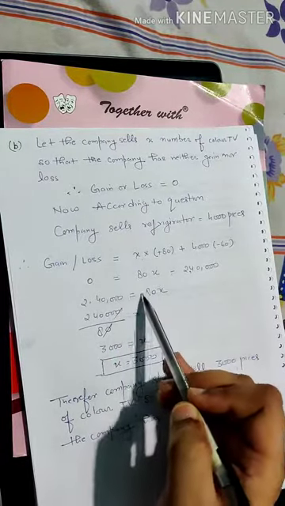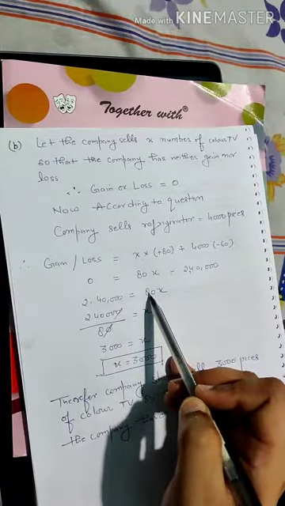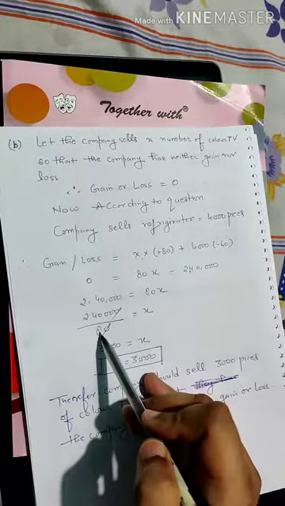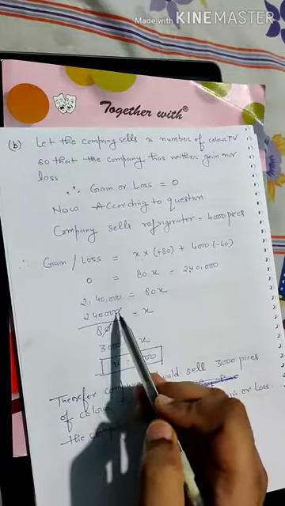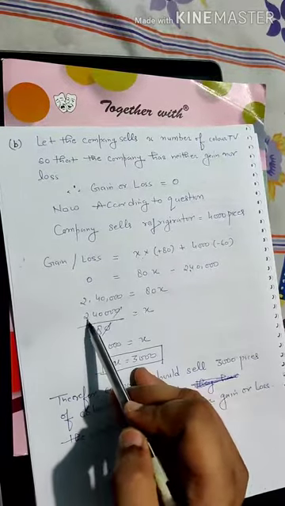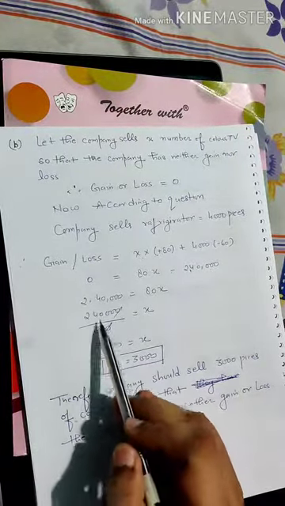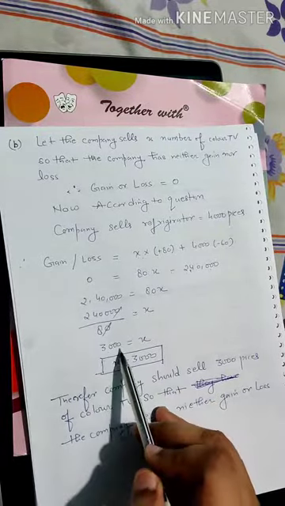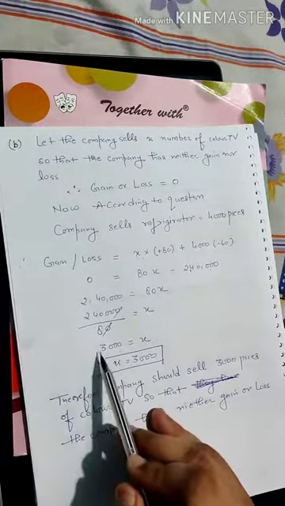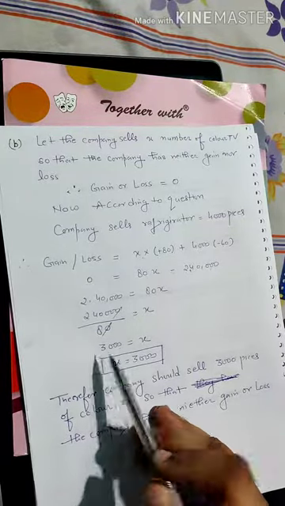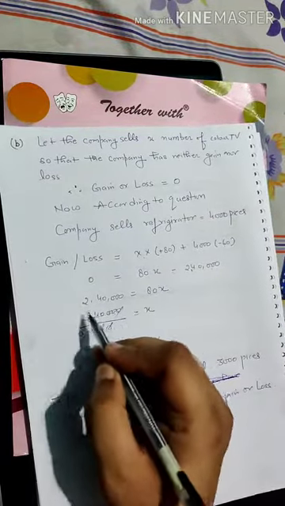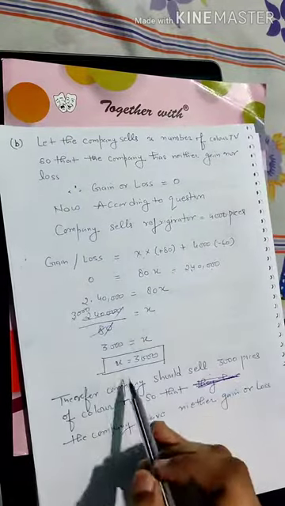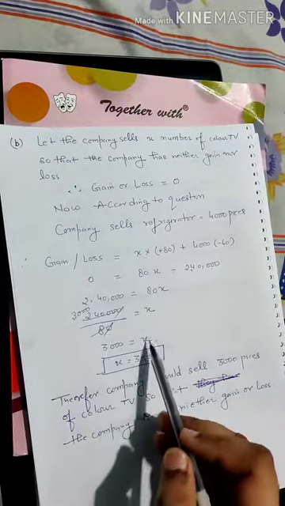Now this 80 comes into the denominator for division. The 0 cancels, 8 threes are 24, and the rest of the zeros come along, so the value comes to 3,000. 3,000 is equal to x.